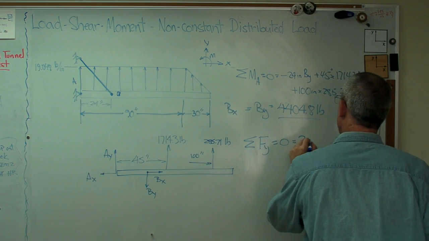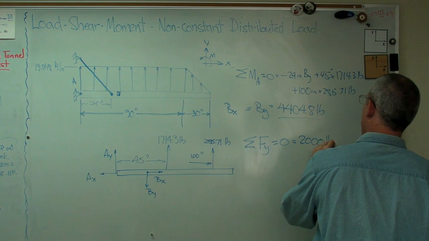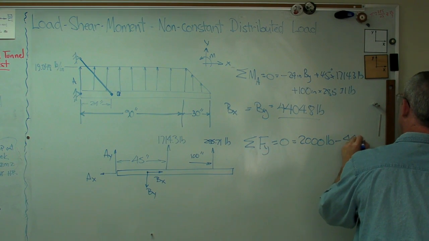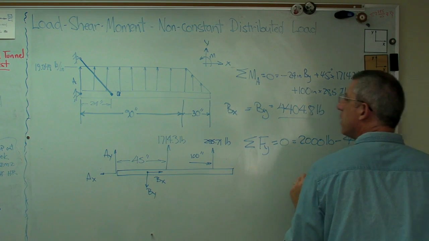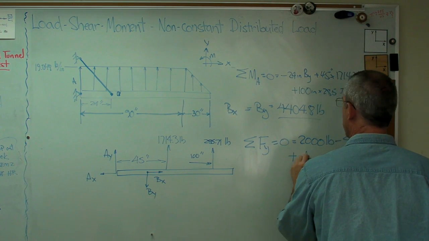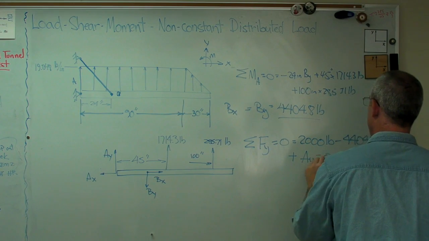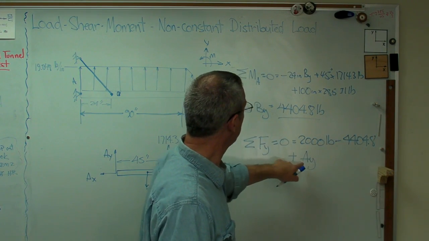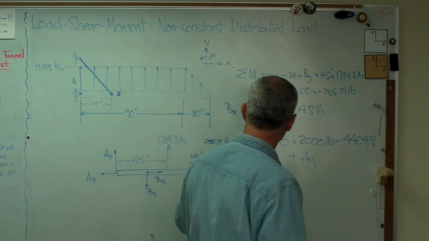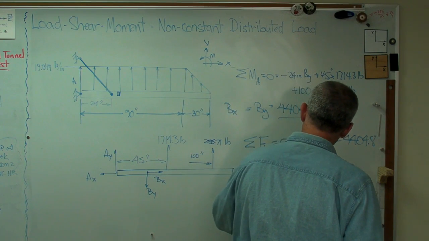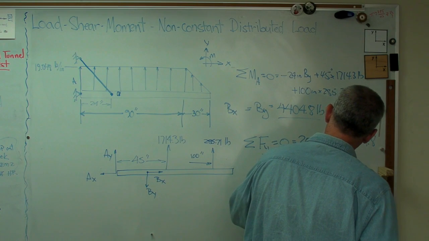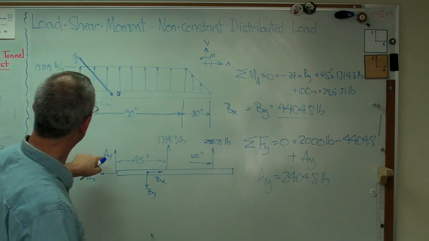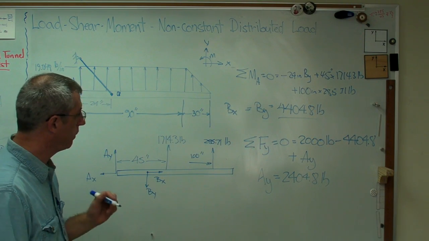So 2,000 pounds up minus 4404.8 plus Ay equals 0. That's going to be a negative number there, and that's plus Ay. So if I solve this, I get Ay equals 2404.8 pounds. And that comes out positive, so I've got that in the right direction. We're good to go now.